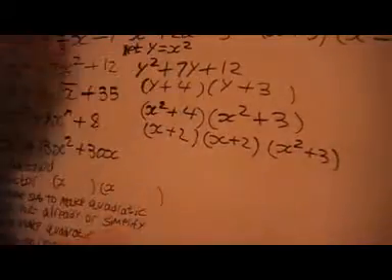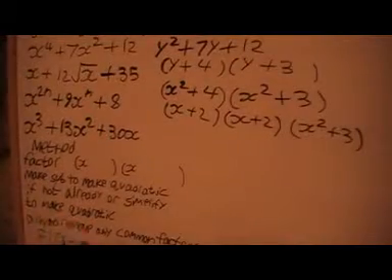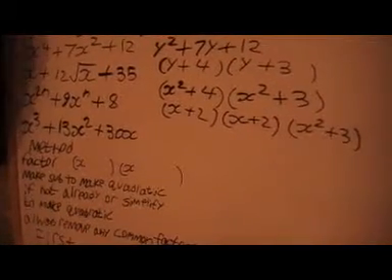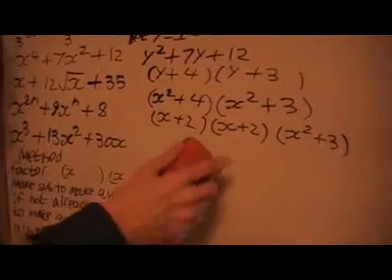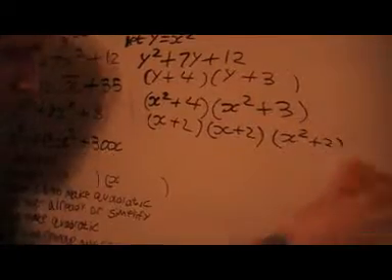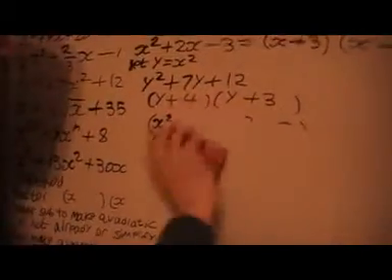But you don't always have to do that, but if it says factorise something, I guess you should factorise it completely, so in that case do that last step, because generally we do factorise things completely.